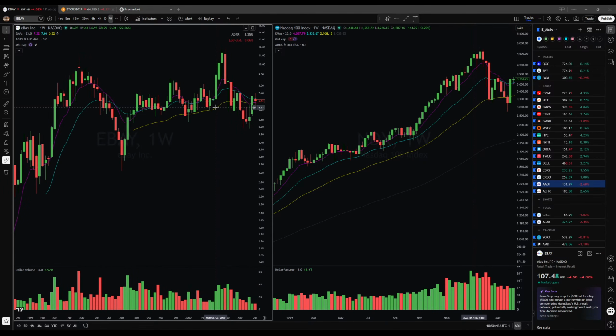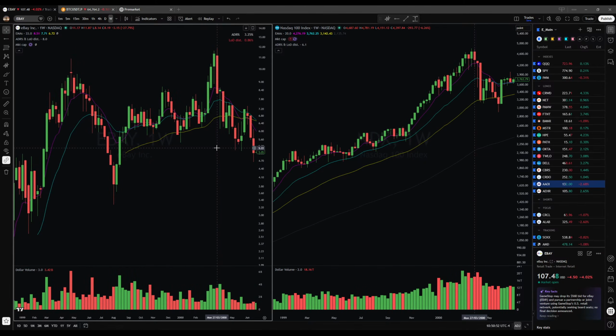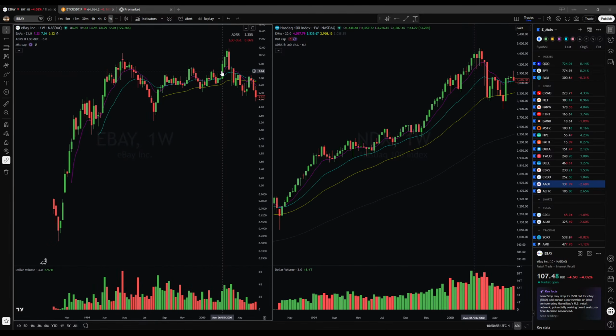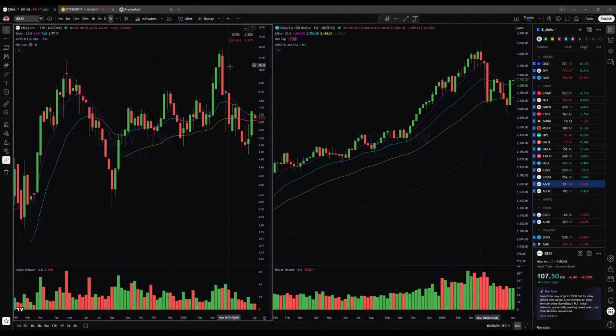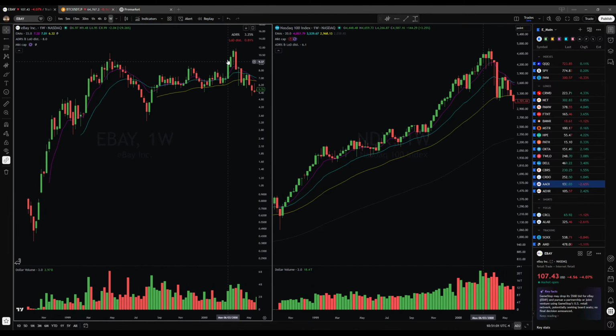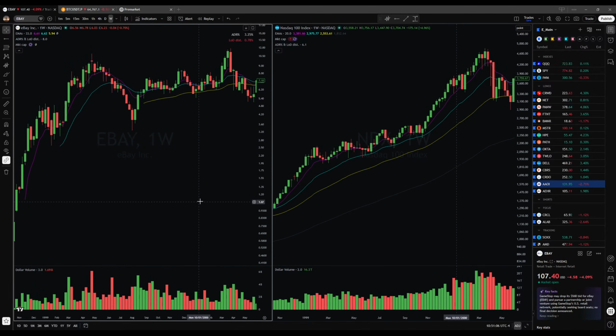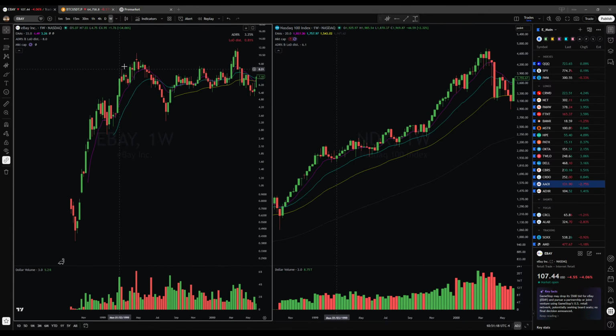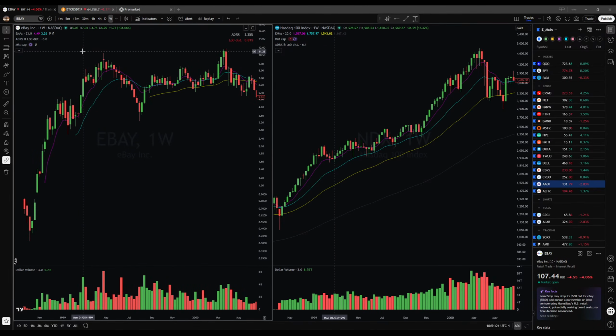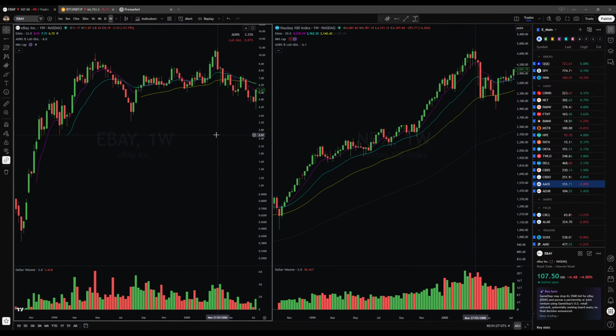So again, we really need to be careful on this type of breakout in the very last part of the rally, when the market is getting very extended, and at the same time other names are doing extended moves as well. It's not only eBay making such a move. A lot of the names are making 1,000% moves, 5,000% moves, and they can't go up forever.